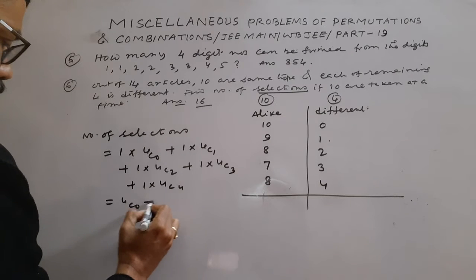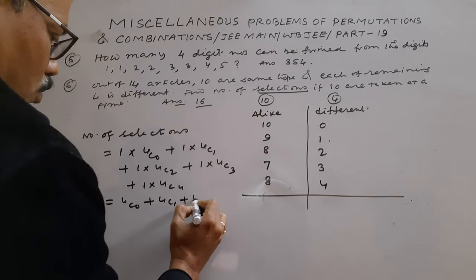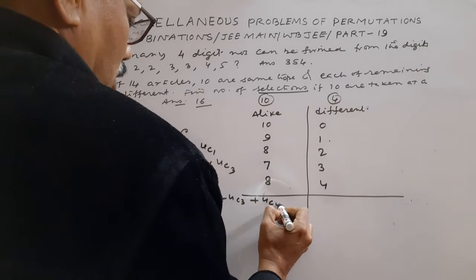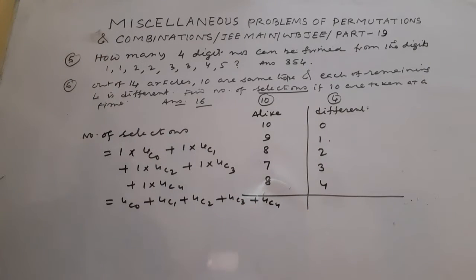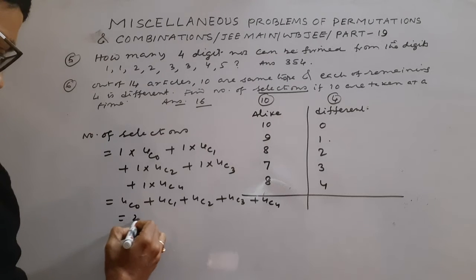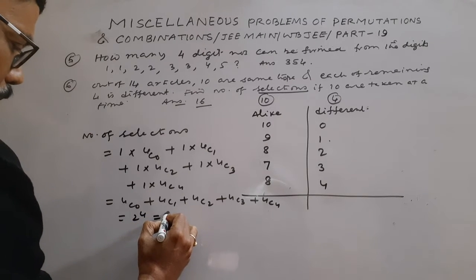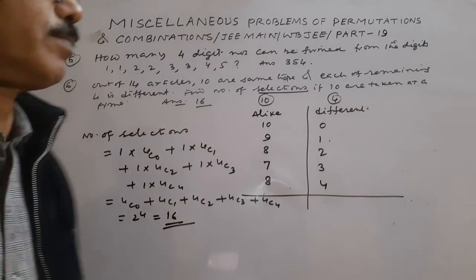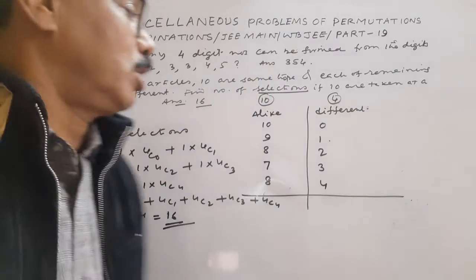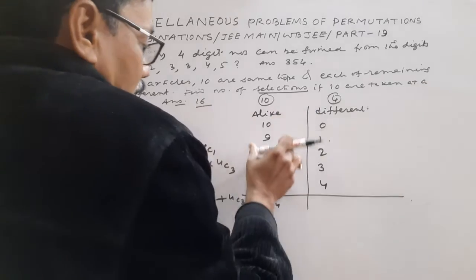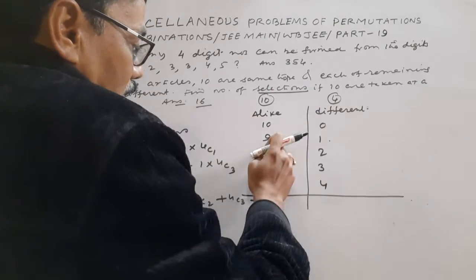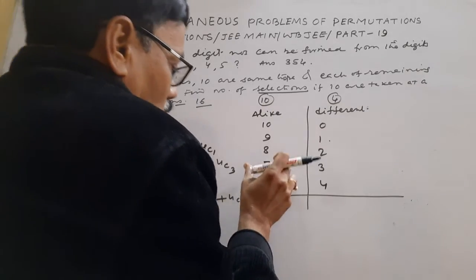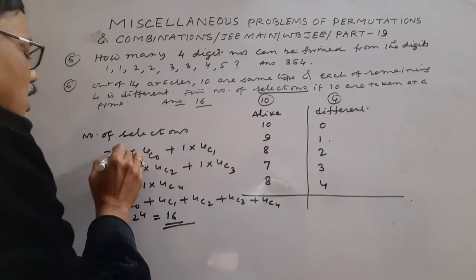So 4C0, 4C1, 4C2, 4C3, 4C4. And this is a well-known result. It is 2 to the power n, that is 2 to the power 4. So you are getting 16 cases. So remember it. These are alike. You can take 10C9, 10C8. In the alike case you are getting in each case only one selection.